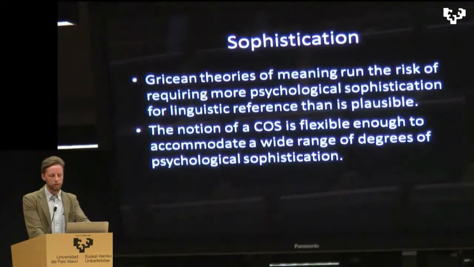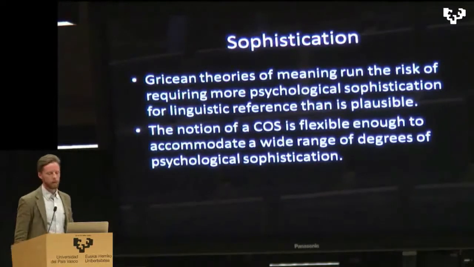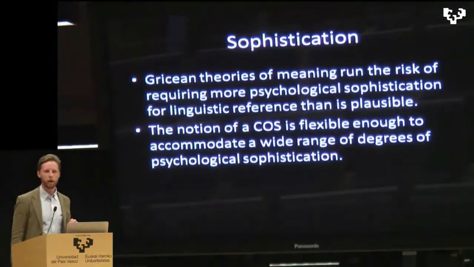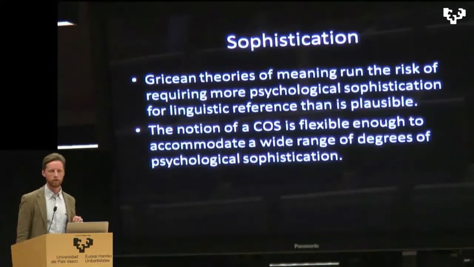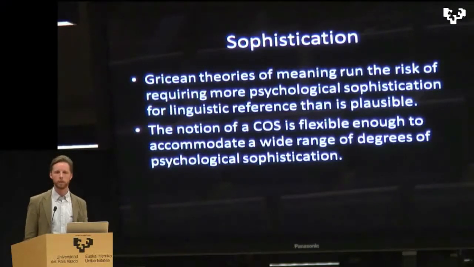And the way I think of a conception of a situation, it's much more flexible. It's flexible enough to accommodate a wide range of degrees of psychological sophistication. Of course, you can have a very complex conception of a situation. That's not required to determine these parameters of the context index. You can have a very rudimentary conception of a situation as long as it's sufficient to determine the required reference. That's fine.